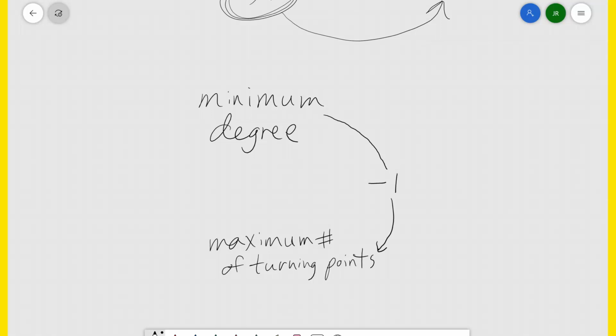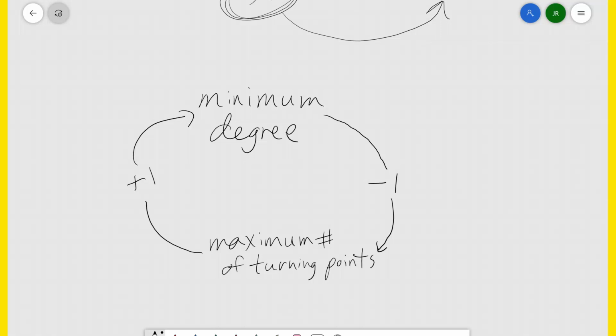You might have 3 or 2 or 1 or whatever, but if you have a degree of 5, subtract 1 from that, and that'll give you the maximum number of turns you could have in the graph. So likewise, if you're looking at the graph and you know the number of turning points, you can know what the minimum degree is by adding 1.